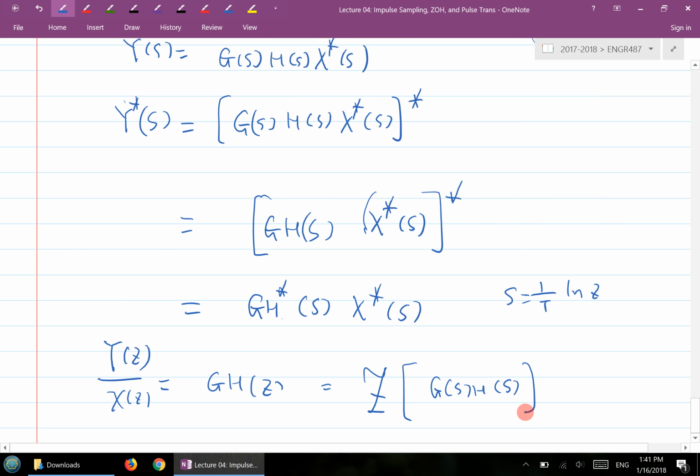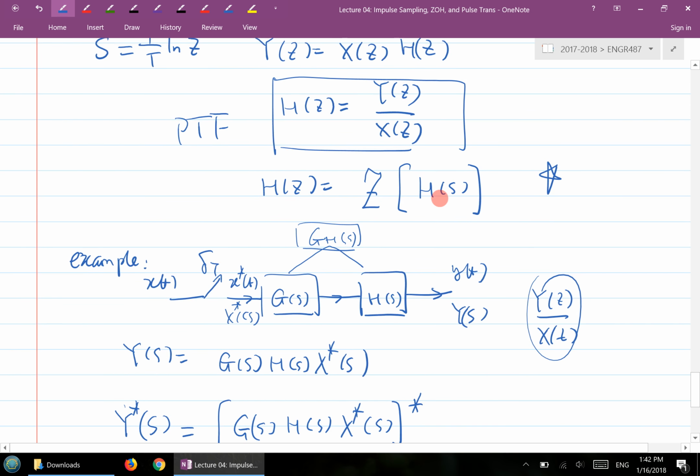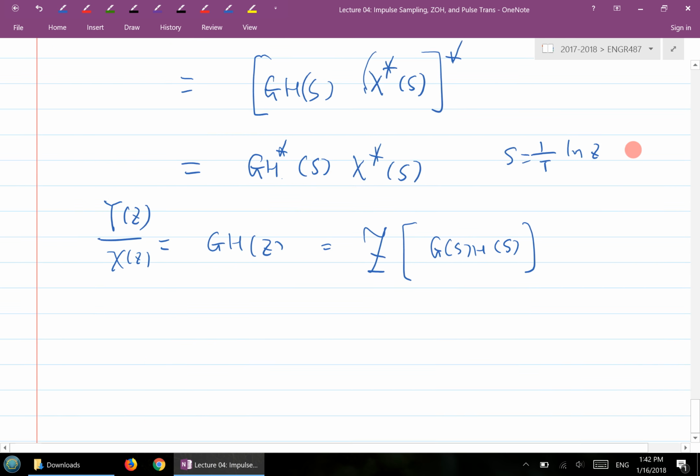So I'll show you a simple example now, just to explain how, from here to here, to get the final pulse transfer function, and you have actual blocks. So let's look at an example.